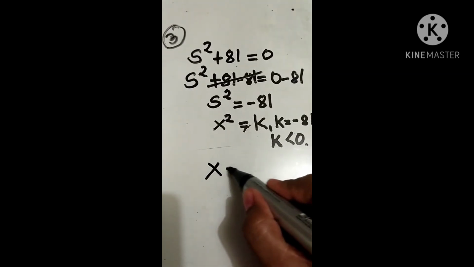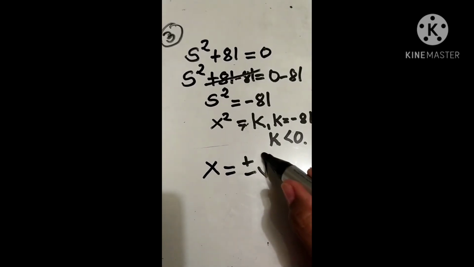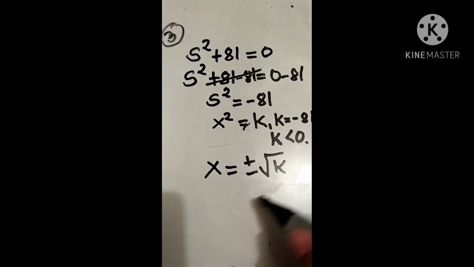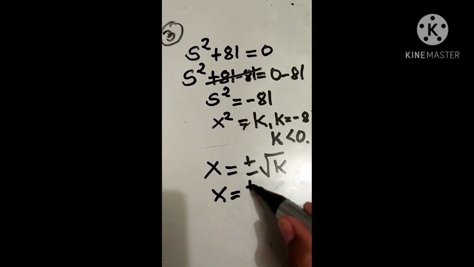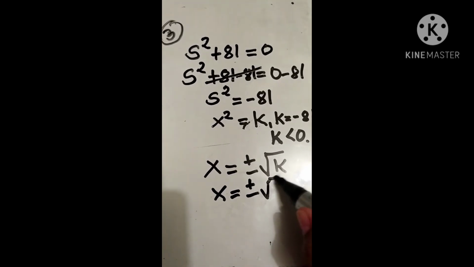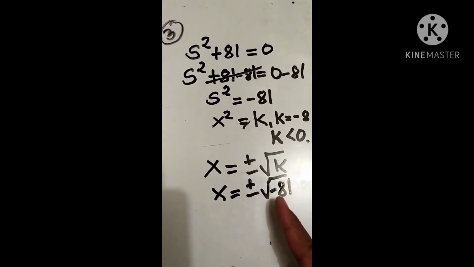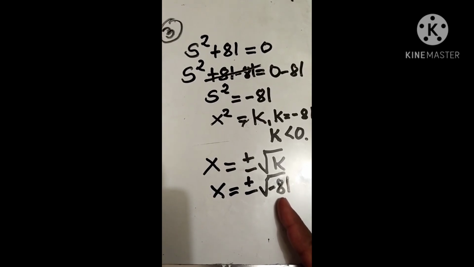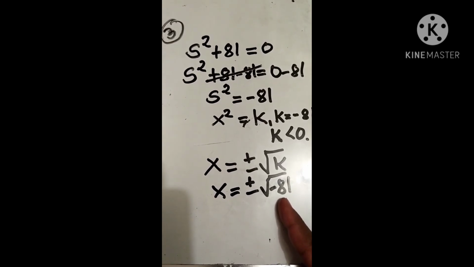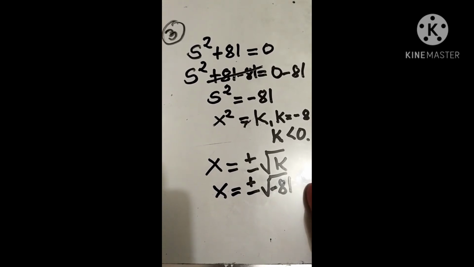If you use the positive and negative square root of k, it will become positive, negative, the square root of negative 81. You cannot extract the square root of negative numbers unless the negative becomes imaginary.